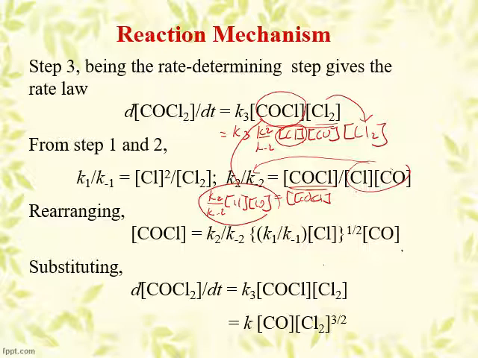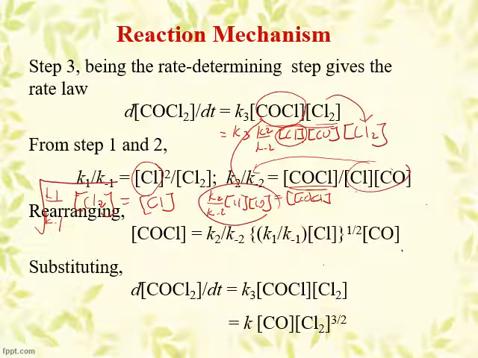In order to replace that, we use elementary step 1 because it has Cl here. So we rearrange this so that we get [Cl]. We have K1 over K negative 1 multiplied with [Cl2], and this one is [Cl] squared, and we don't want the square, so we bring the square over here, so it's a square root.